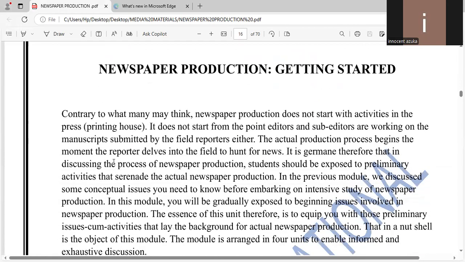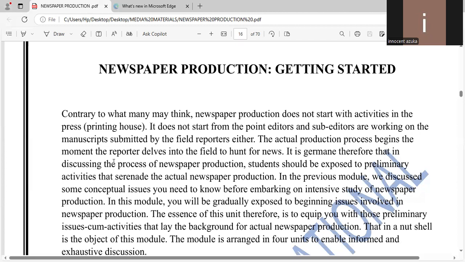So we'll talk about newspaper production. Newspaper production does not start with activity in the press. It does not start from the point where editors or sub-editors are working on manuscripts submitted by field reporters.